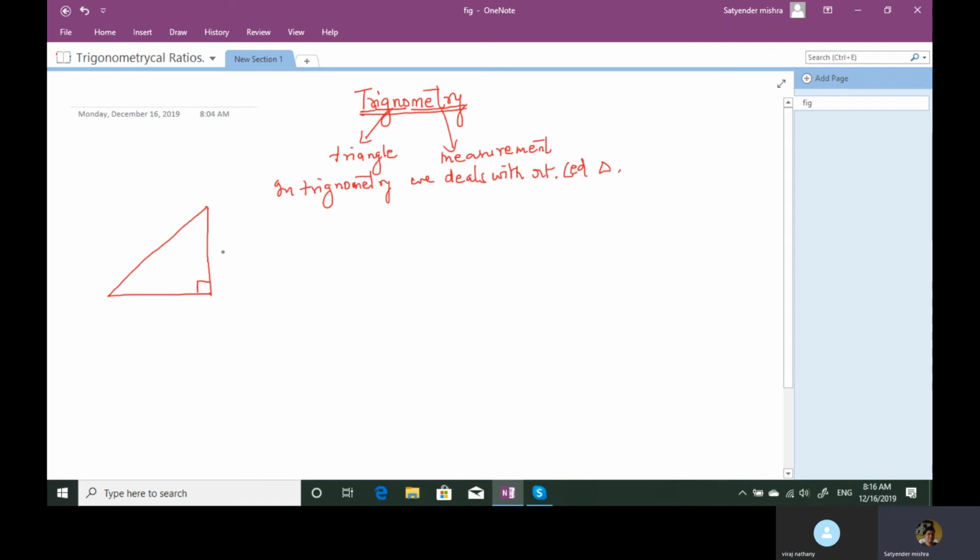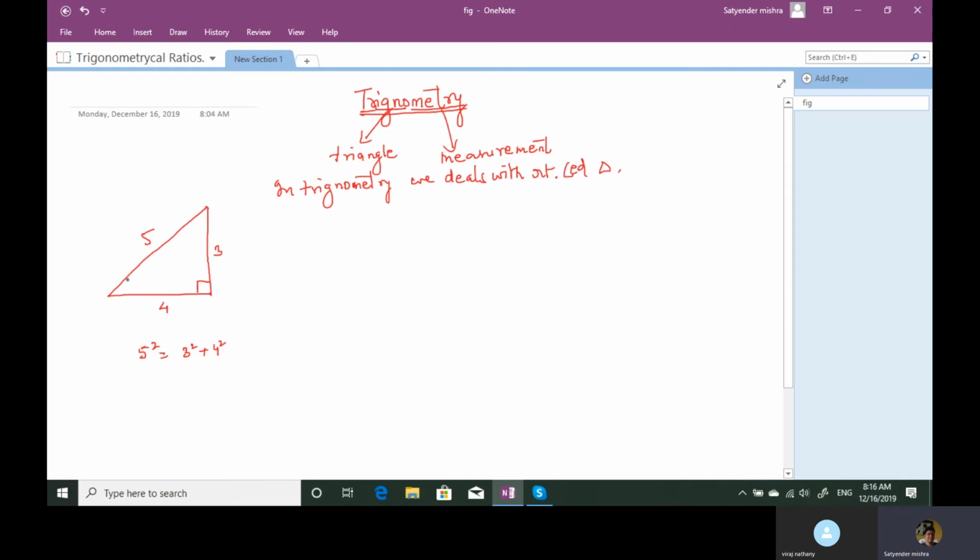This angle is called theta. Take some measurements: this is 3, this one is 4, so this one is 5. How did I get it? We got it from Pythagoras. Pythagoras says that 5 square is equal to 3 square plus 4 square.